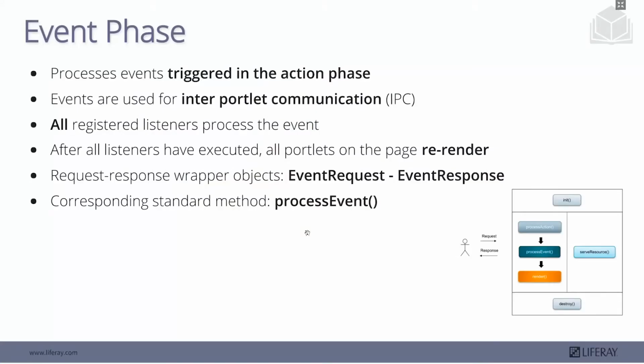So over in the diagram on the right, this is the complete flow. Process action will set the event. The portlet or portlets configured to listen for the event will then call its own process event method. Once the process event method has finished, we can then call the render method once again, or the render phase, so that all of the portlets on the page will re-render and they can get the most up-to-date information.